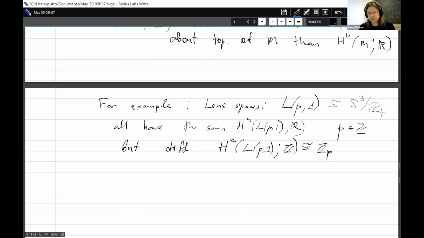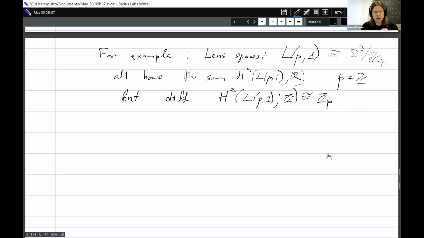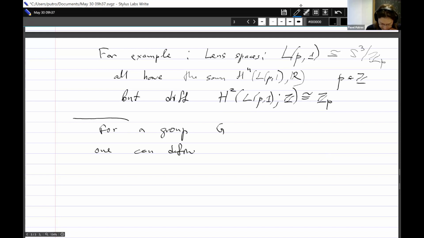Questions? Yeah, there is a question in the chat. Homology. Well, for a group G, one can define what is called group cohomology.